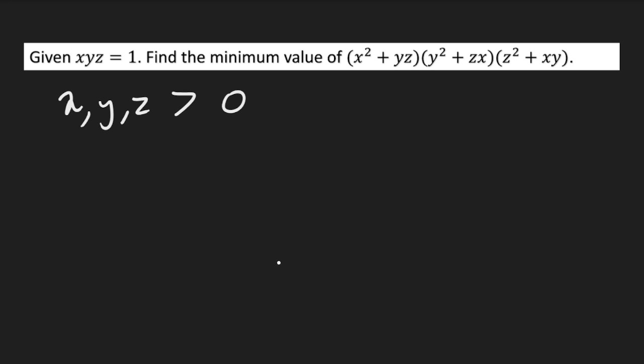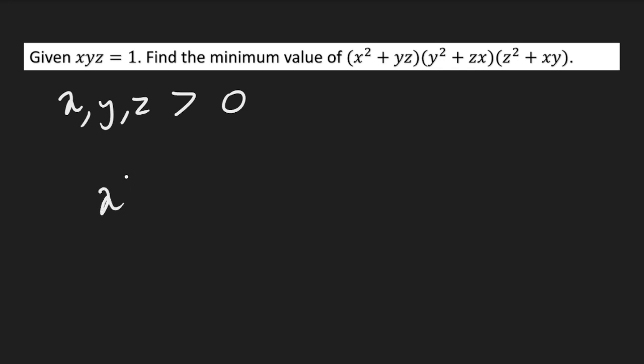There's an inequality where, for any real numbers x, y, z, or whatever variable that we have, a square is always greater than or equal to 0.